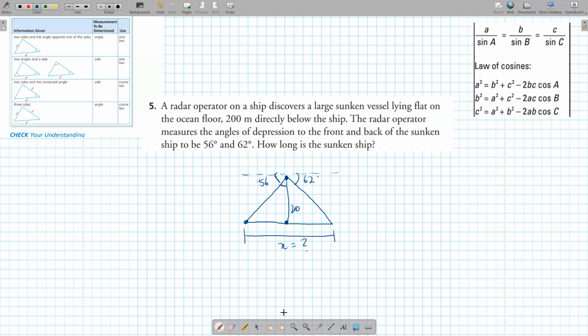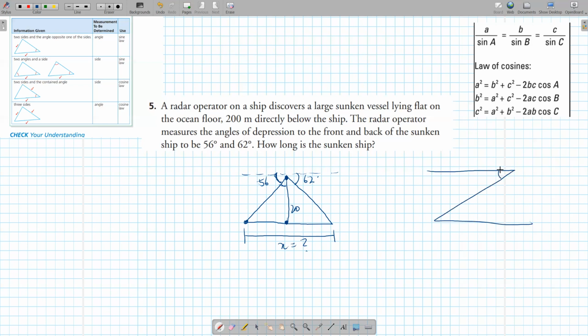What's the approach here? So you have to do some work before you even know which one to use. If this is 56, where else in this triangle is 56? Use the Z rule, okay?